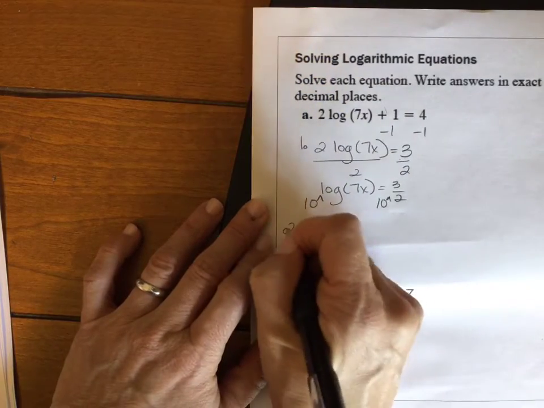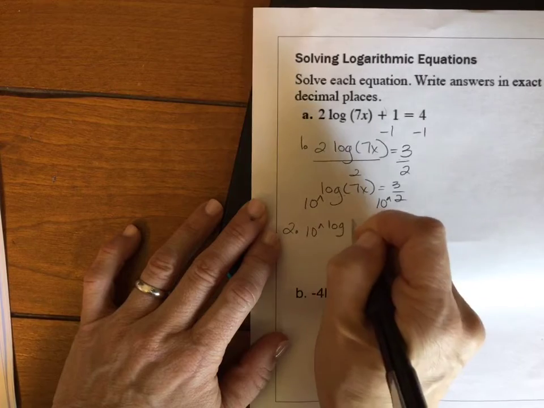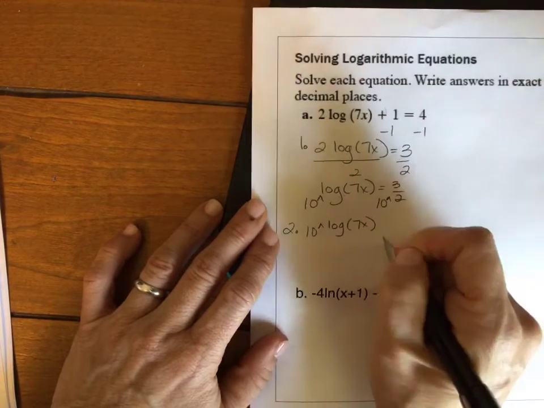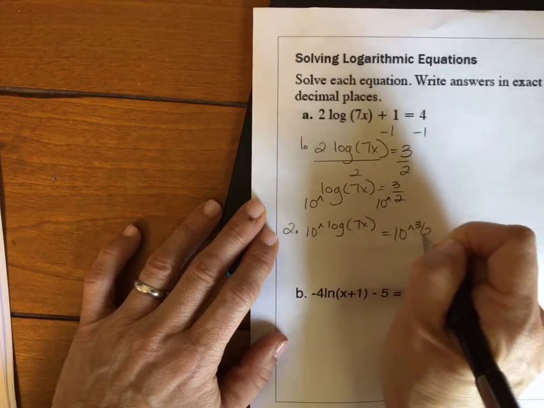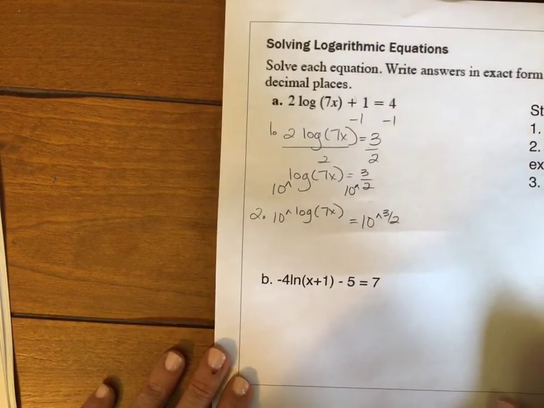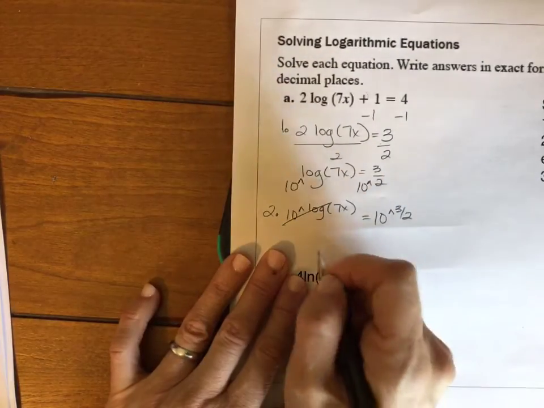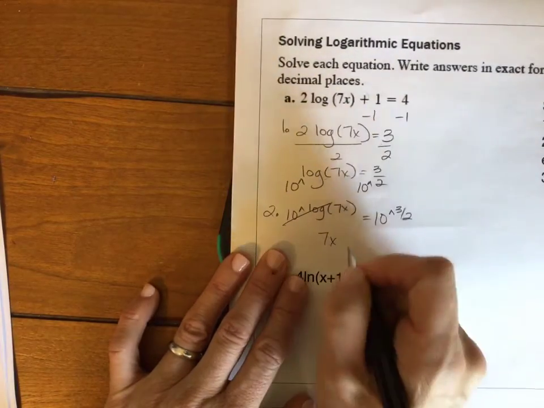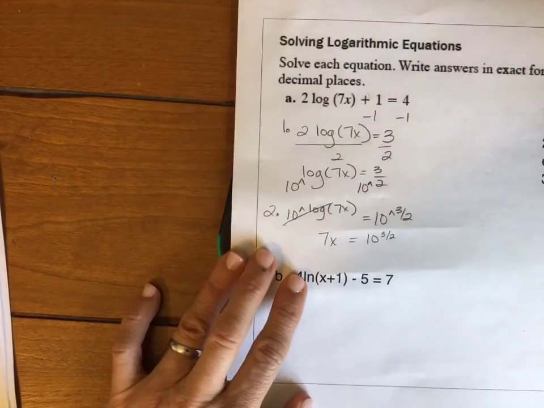So what that looks like for step 2 is I have 10 to the power of log 7x equals 10 to the power of 3/2. So these just undo each other on this side, leaving me with 7x equals 10 to the 3/2 power.